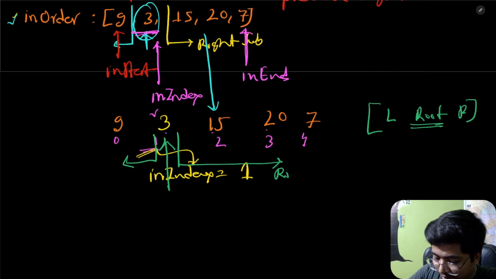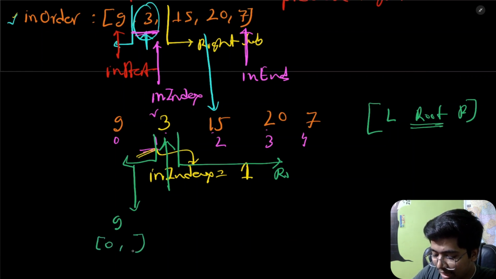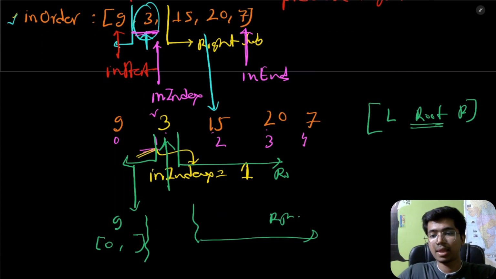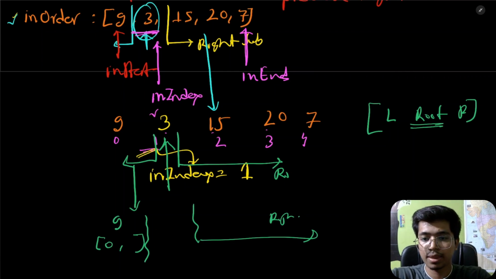So we can conclude that 9, which starts from 0 and is before this index 1, comes in the left part, and this all comes in the right part. These are all part of the right tree. That means it starts with in index plus 1. So now we will be utilizing this in the code. So let's see.